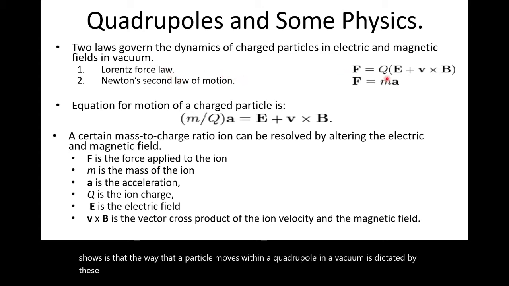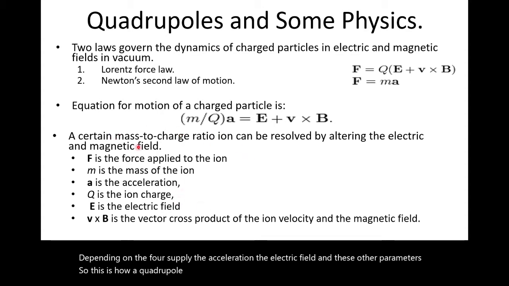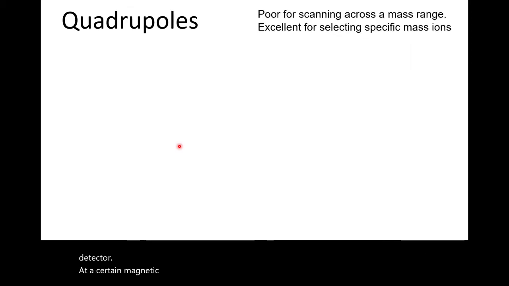You can combine these two equations to find out what the mass would be depending on the force applied, the acceleration, the electric field, and these other parameters. So this is how a quadrupole figures out the mass to charge ratio of an ion that hit the detector at a certain magnetic and electric field.